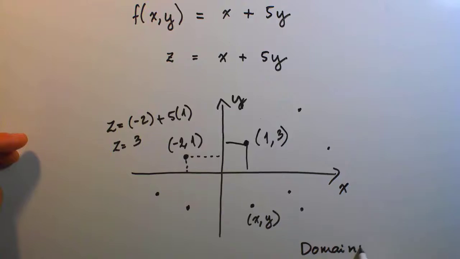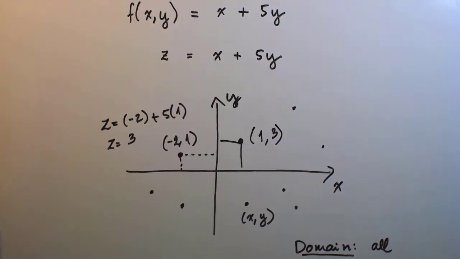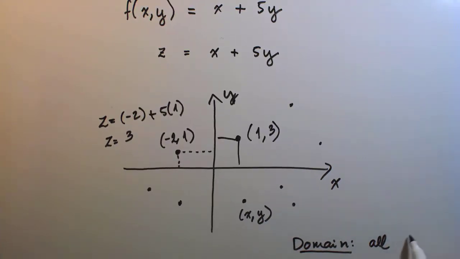the domain for any linear function in two variables is going to be all pairs of values, x and y.